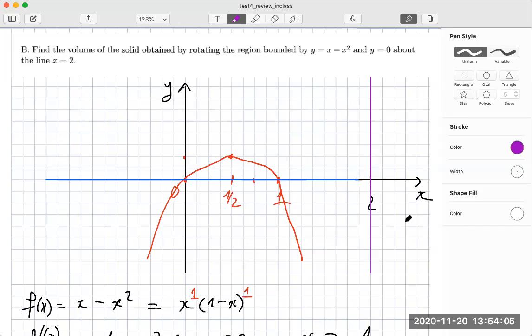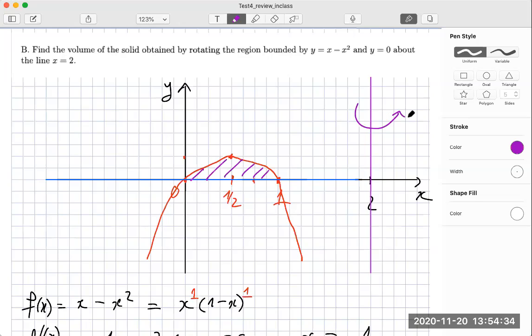I think we've done this in class, right? Yeah, we've done that in class already. So the region is this guy, okay? And now it is rotated. This region is rotated about this axis, right?